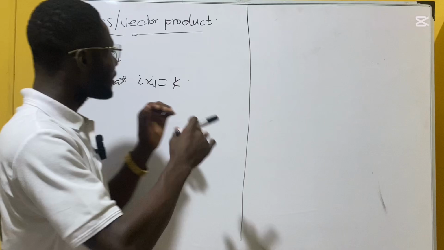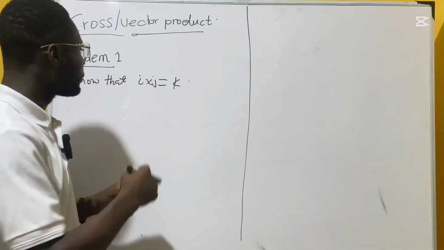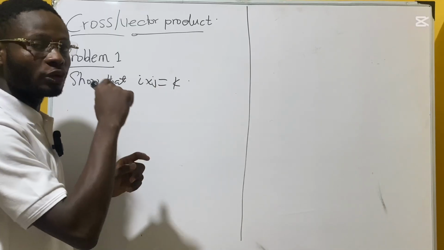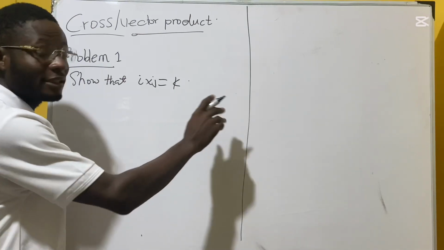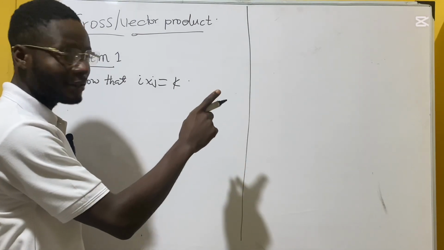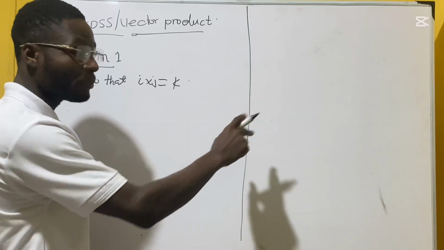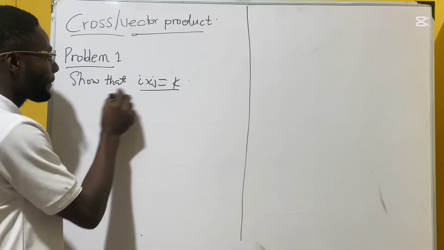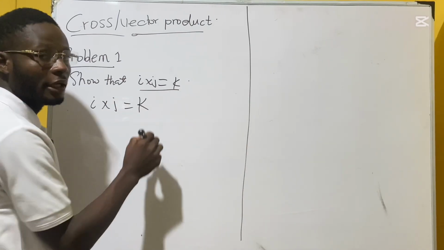Now let's take this practical example to clarify the concept. So problem 1, we want to show that i cross j is equal to k. Now that was property 6. Now we want to prove that i cross j is equal to k.